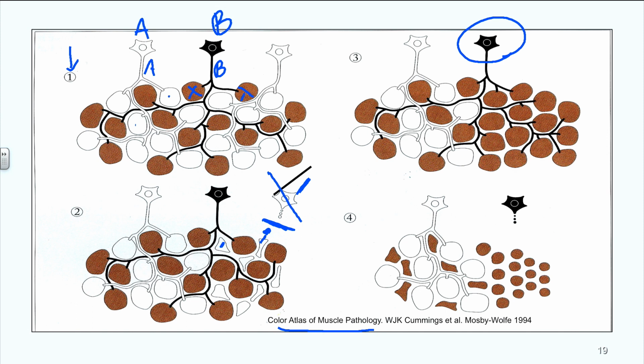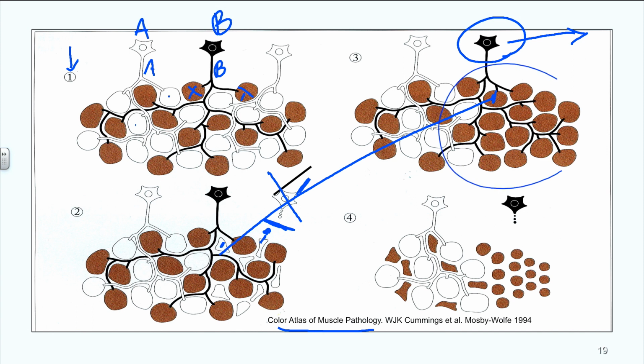This one makes type 1 fibers, or any specific type of fiber. So whatever fiber is going to be attached to this is going to become the type that this motor neuron is controlling.